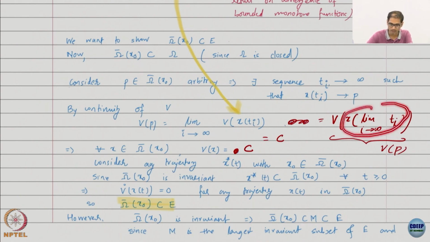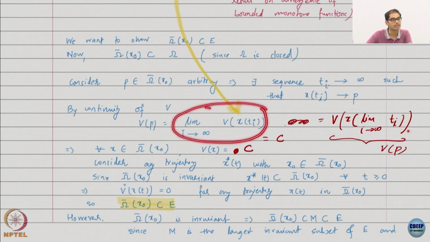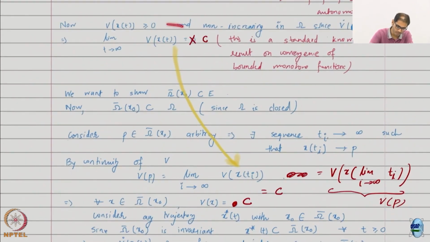This guy is just p, just by this definition. x(t_i) goes to p as t_i goes to infinity. So this thing, whatever I have written, is actually v of p, and I have just proven that v of p is actually equal to this guy, correct? But this guy, by the monotone convergence theorem, is just a constant.